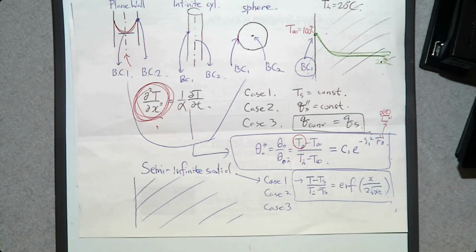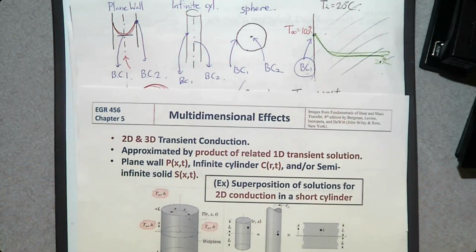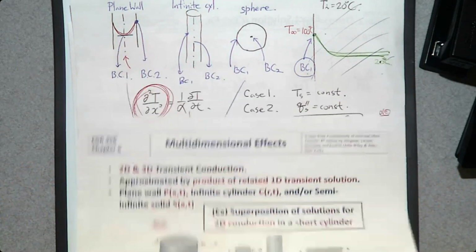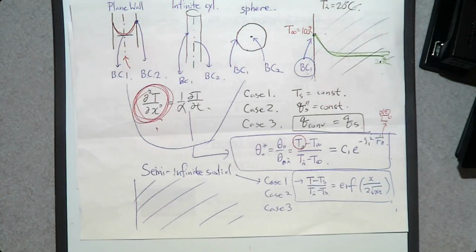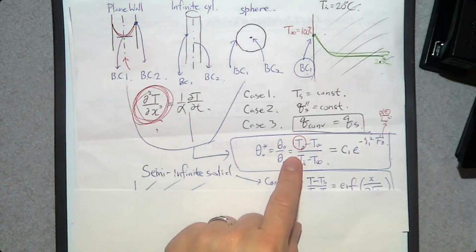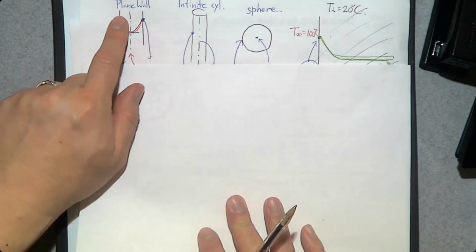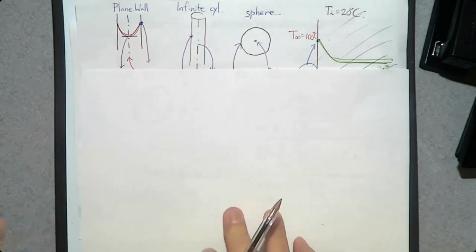The last part of this chapter 5 is called multi-dimensional effect. What does it mean? By using this equation, you can determine how the temperature changes at the center line of a plane wall, infinite cylinder, and sphere.